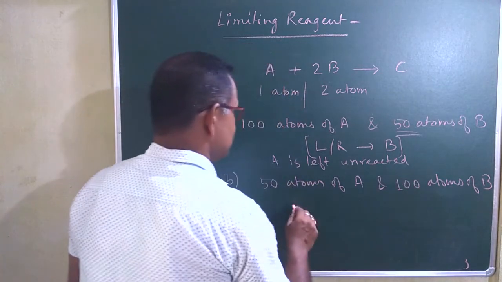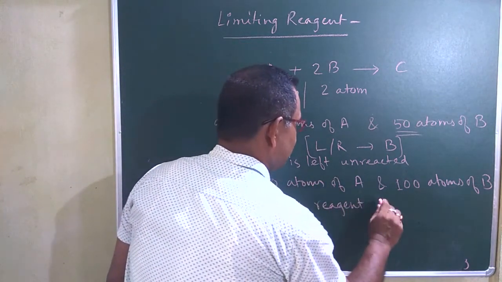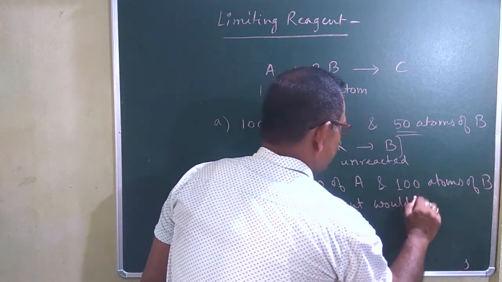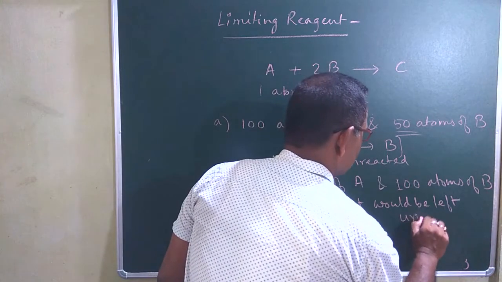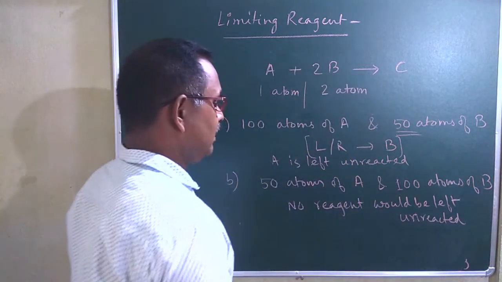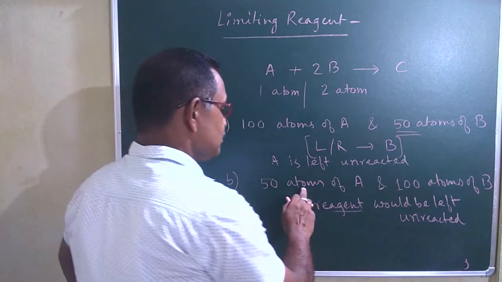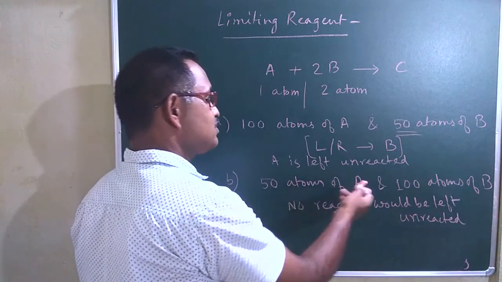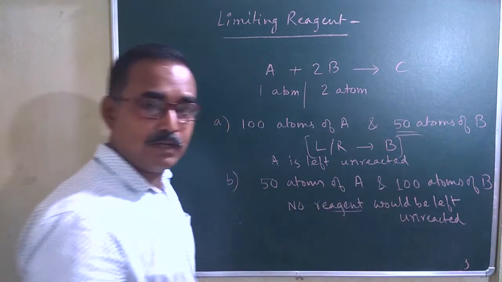So in this case, no reagent would be left unreacted. No reactant or reagent would be left unreacted. So none of these two is limiting or both of these two are limiting.